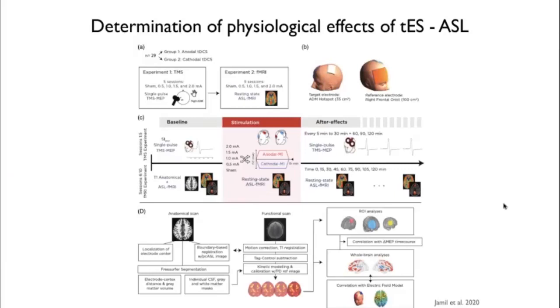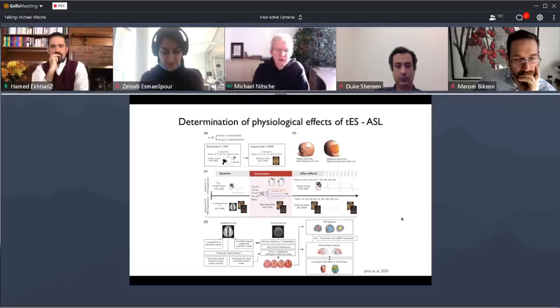And we published last year a paper where we show the ASL results. We did 15-minute stimulation with different intensities between 0.5 and 2 milliamp and measured ASL up to 120 minutes after the end of stimulation. We did the same with motor evoked potentials. In another study, we over-stimulated the primary motor cortex. Next slide, please.